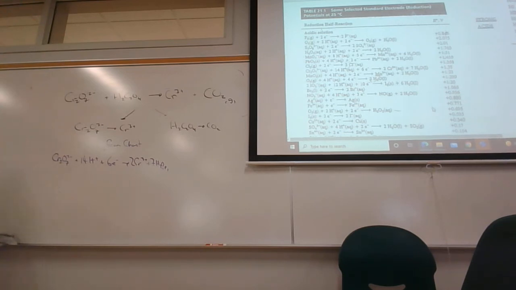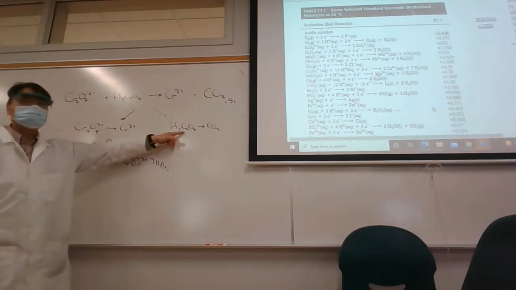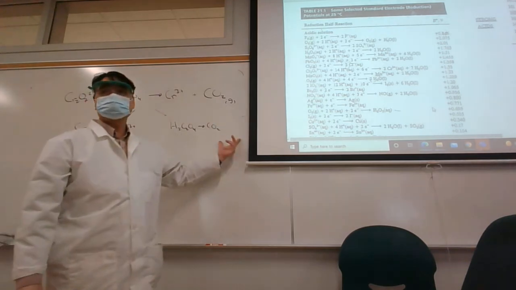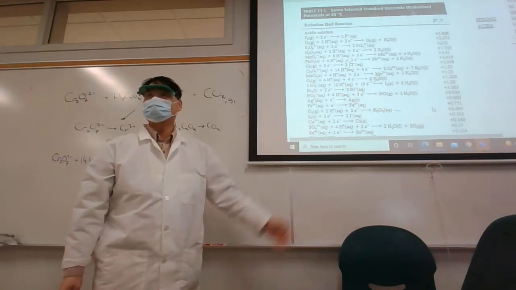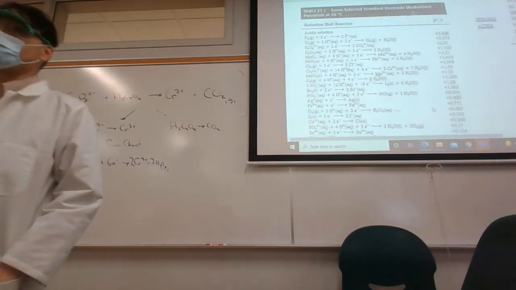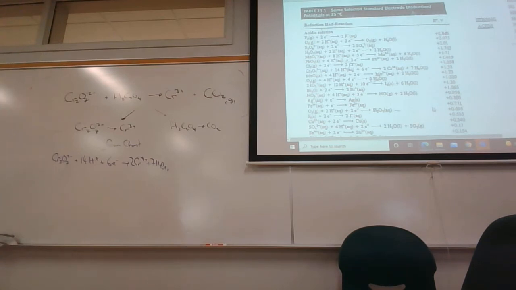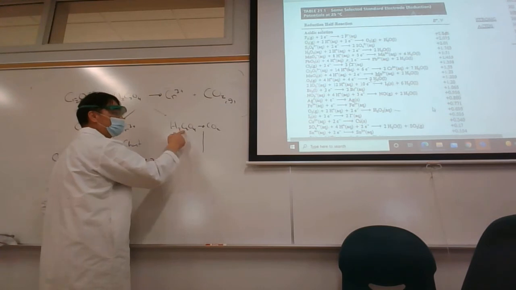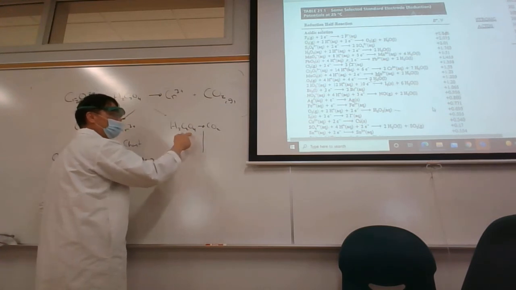using the skeleton method. Does this one occur on the chart? This one does not occur on the chart. And so I have to balance it using the skeleton redox method. Using the skeleton redox, we balance all elements other than hydrogen and oxygen.